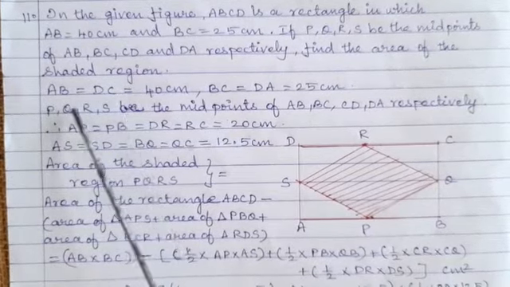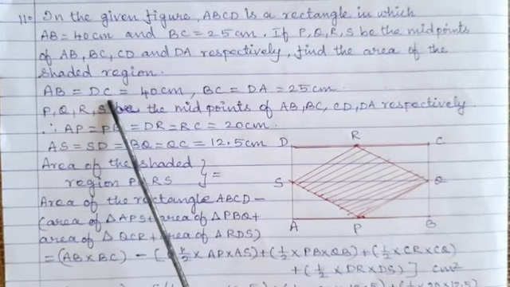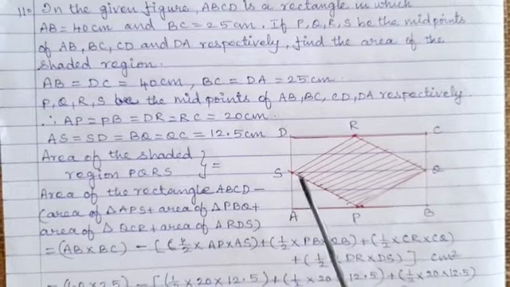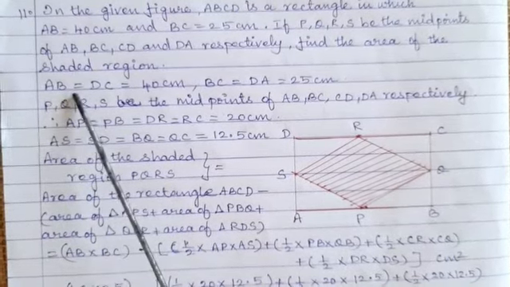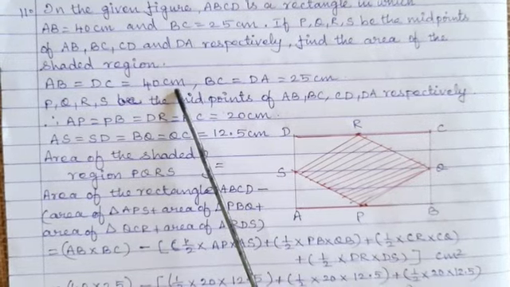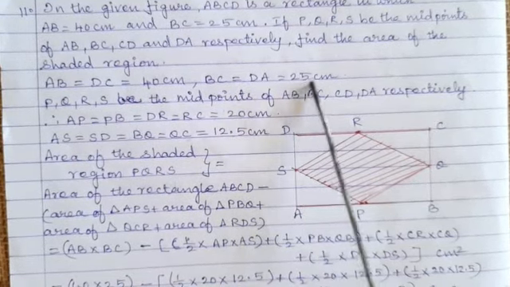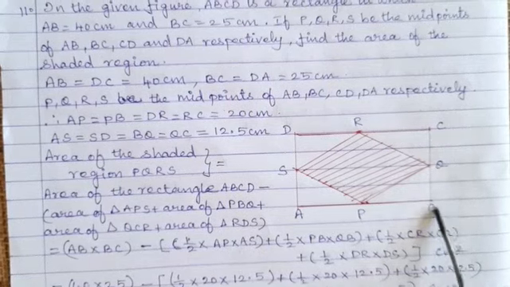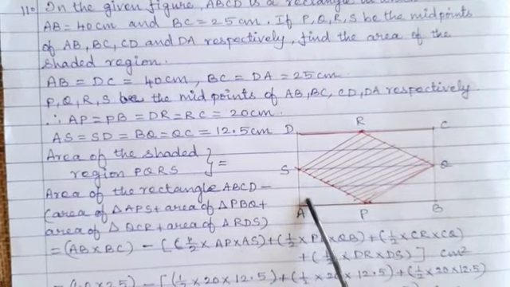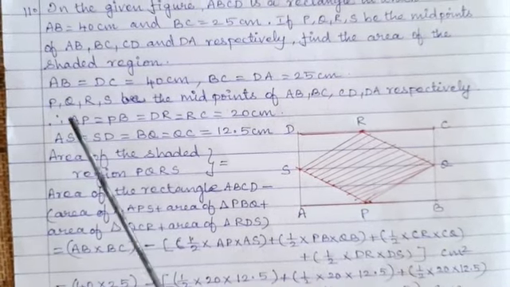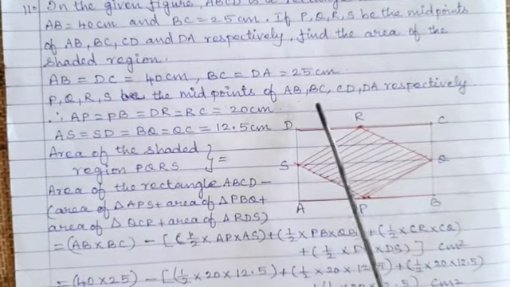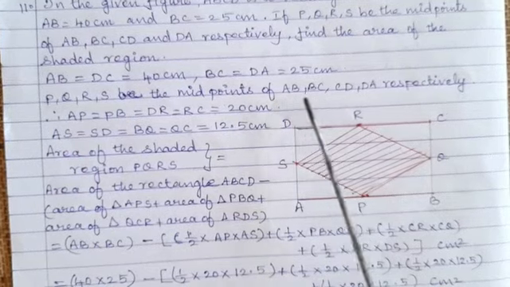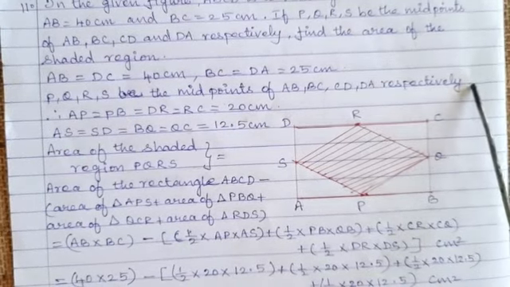Now the length of AB equal to DC, because in a rectangle opposite sides are equal, that is AB equal to CD. So here AB equal to DC equal to 40 centimeter, BC equal to DA equal to 25 centimeter. And P, Q, R, S are the midpoints of sides AB, BC, CD, DA respectively.